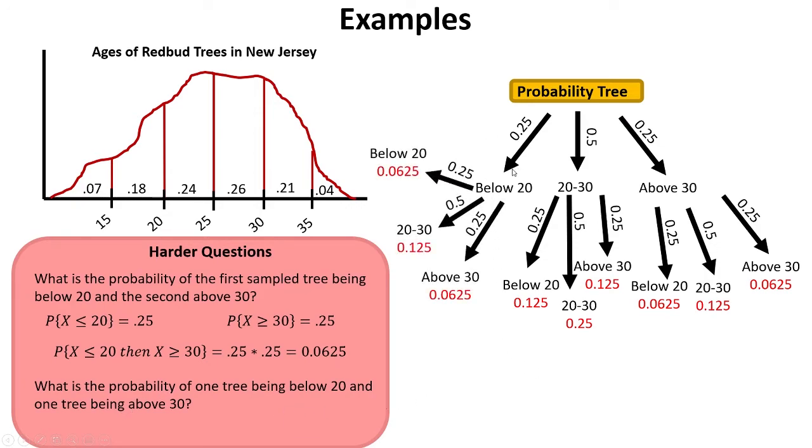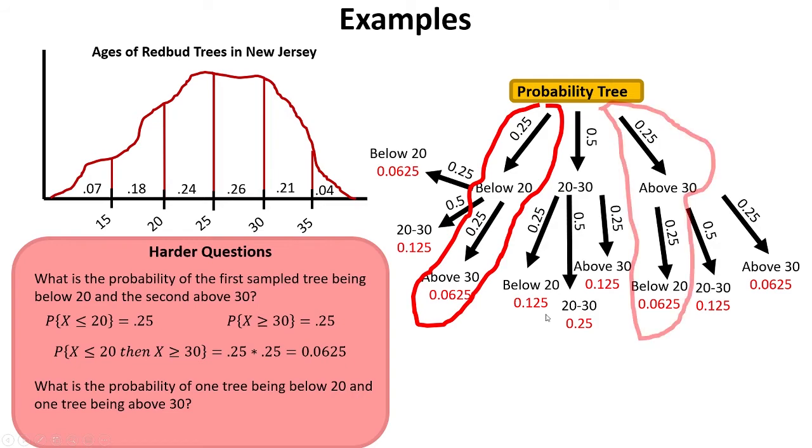And if we look over here, if the first one's below 20, then it's going to be the second one being above 30. And I've written in red what all of the multiplied probabilities are. So 0.5 times 0.25 is 0.125, 0.5 times 0.5 is 0.25, just like we did in the other probability tree. And so what we're looking for here is either the first one being below 20 and the second one being above 30, or the first one being above 30 and the second one being below 20.